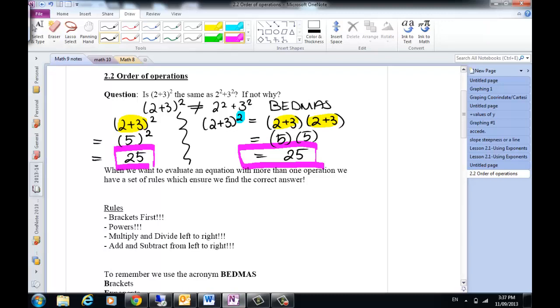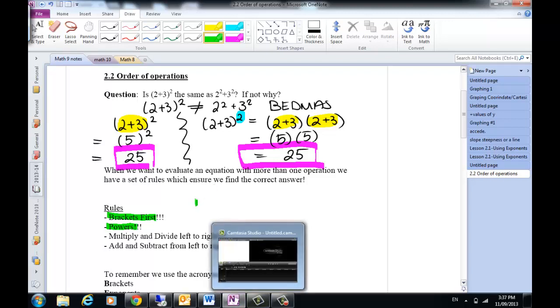Alright, so BEDMAS. Brackets are always going to be first. Then we have our exponents or powers. And then with multiplication and division, don't forget that we do them depending on how we read left to right.